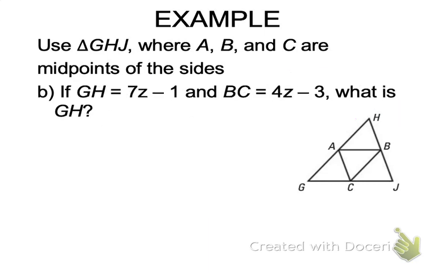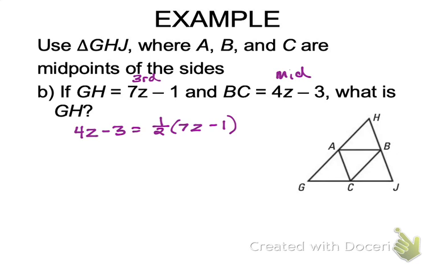So GH. GH is my third side. BC is the mid-segment that's parallel. So remember, it's mid-segment. So my mid-segment, 4z minus 3 is equal to half of 7z minus 1.